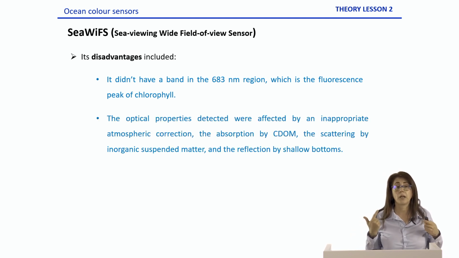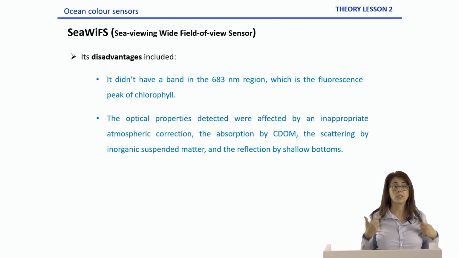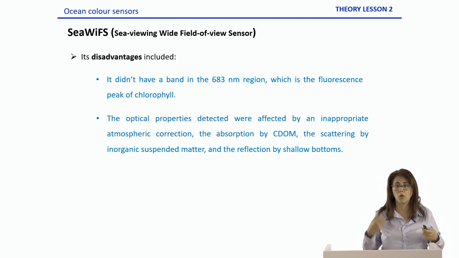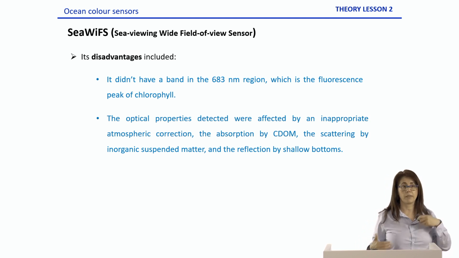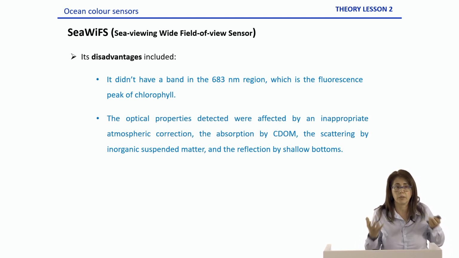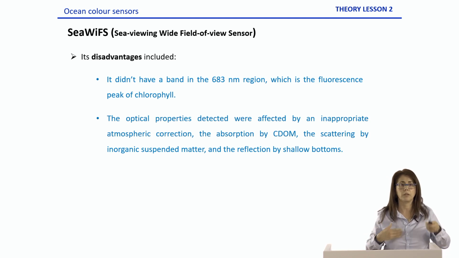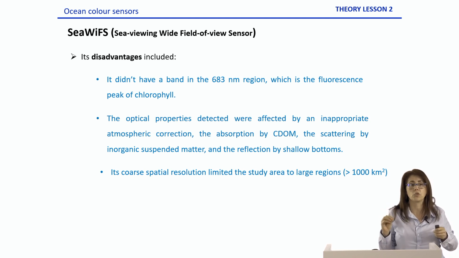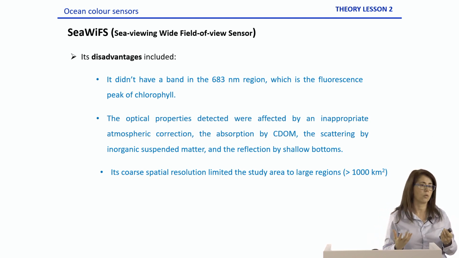Second, the optical properties detected were largely affected by inappropriate atmospheric correction, and also by the absorption of sunlight by colored dissolved organic matter, by the scattering due to total suspended sediments, and by reflection of sunlight in shallow bottoms. Also, it had a coarse spatial resolution, which limited the study area to very large regions, more than 1,000 square kilometers.